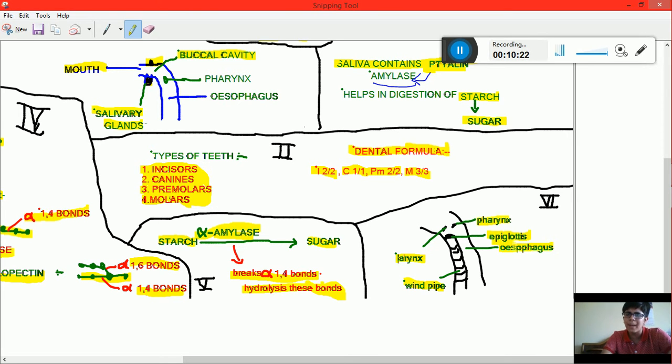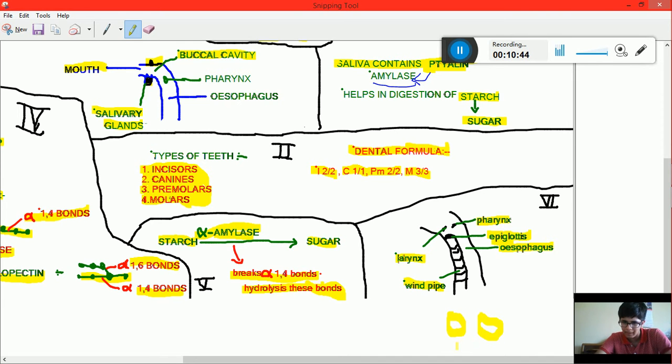It is a flap-like structure. See, this is the flap. Let me explain it another way. Suppose this is one hole, and this is the other hole.